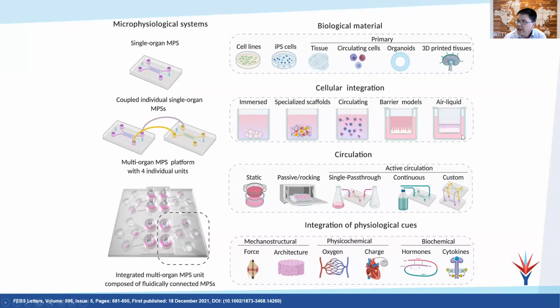The more we go towards 3D printed tissues and barrier models and continuous or custom circulation and hormones and cytokines being present with oxygen-rich blood or venous return blood, we start to mimic the mouse or the human.